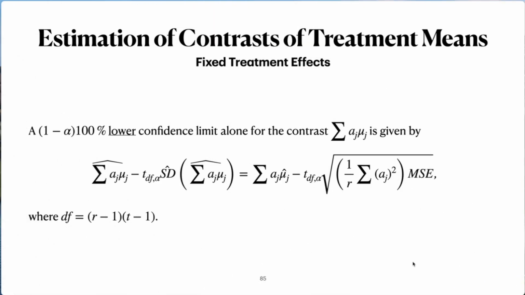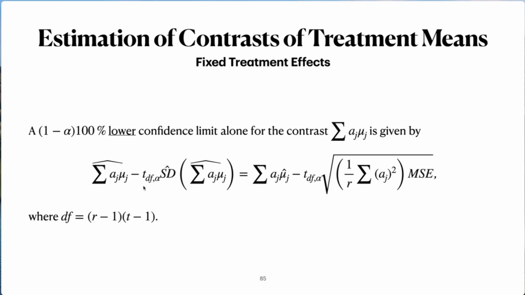In this case, the distribution that we get the interval coefficient from is known. It's the t distribution with degrees of freedom equal to the degrees of freedom associated with the mean squared error, which is r minus 1 times t minus 1. If we want a 1 minus alpha times 100% lower confidence limit for our contrast, we start off with our point estimate and go a distance to the left equal to the margin of error.